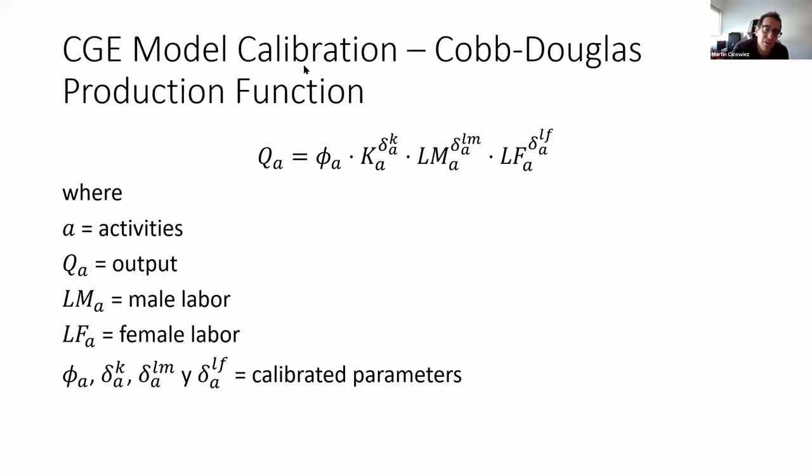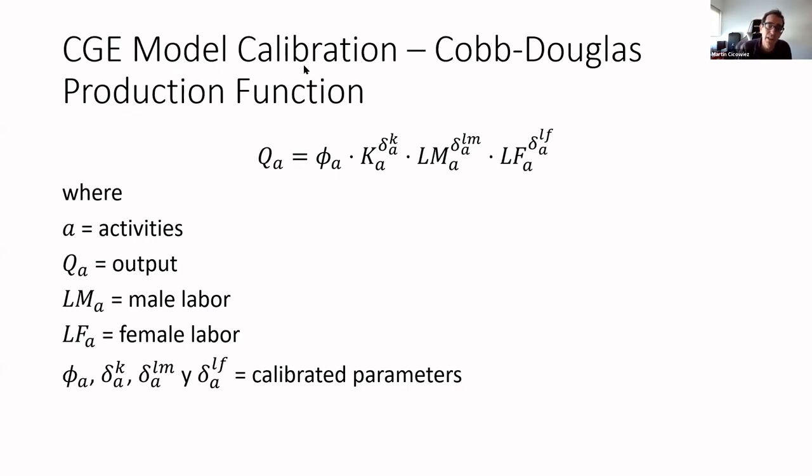And by calibration, we mean making the model consistent, the behavioral equations of the model and all the equations of the model consistent with what we have in the data set for the country that we are modeling.